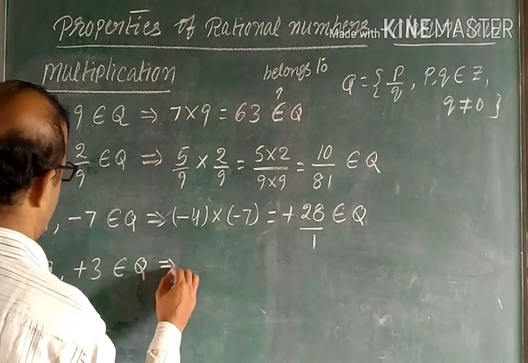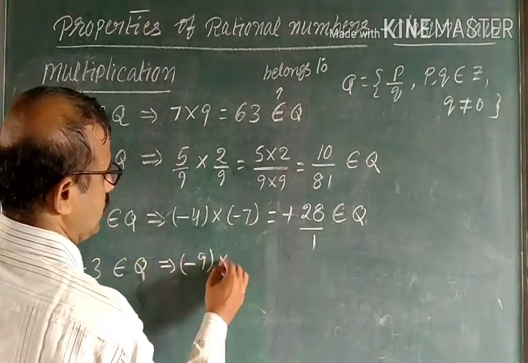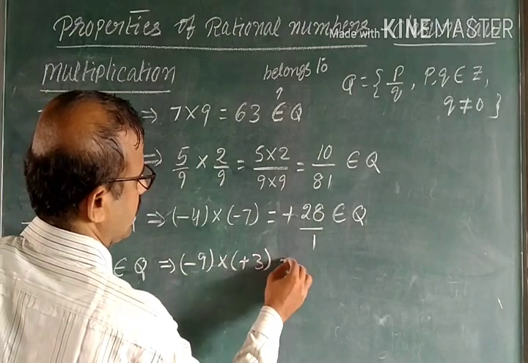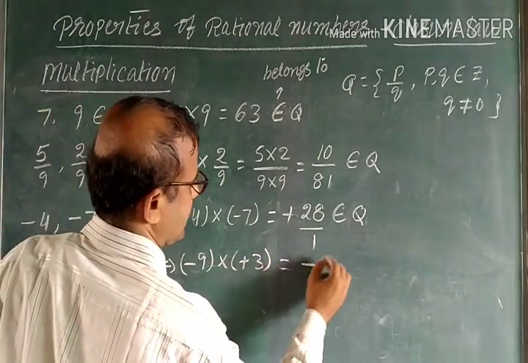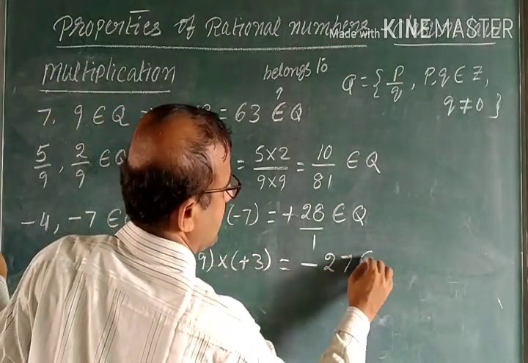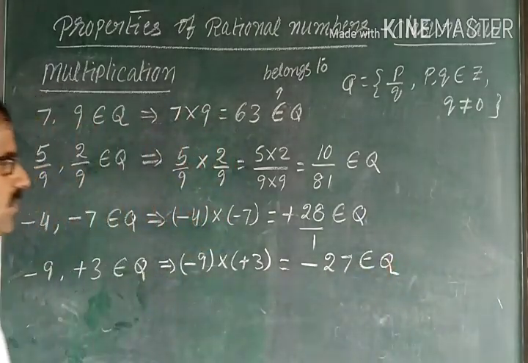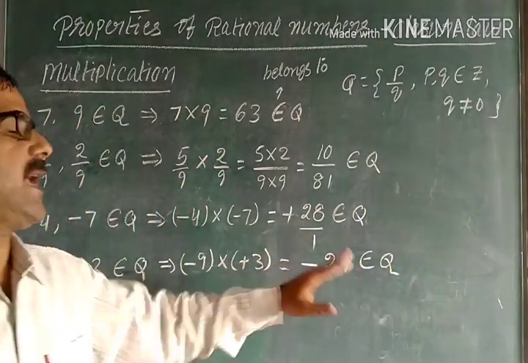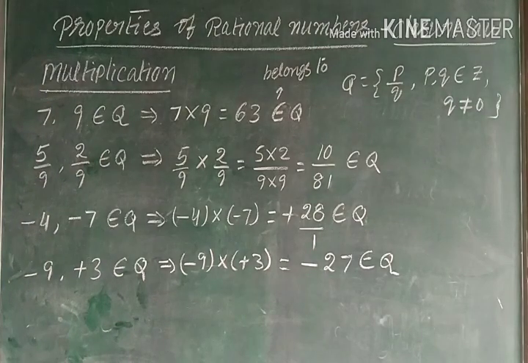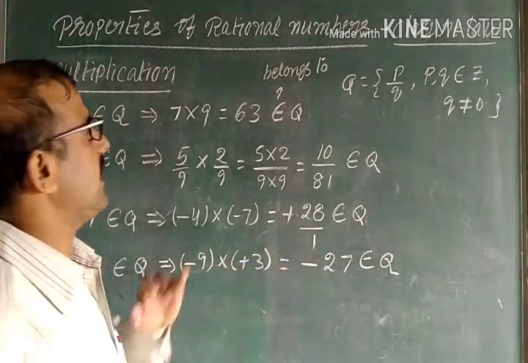So that implies their product minus 9 into plus 3 equals minus into plus, minus 9 3s are 27, belongs to Q. So minus 27 is also a rational number. Minus 27 can be written as minus 27 by 1.